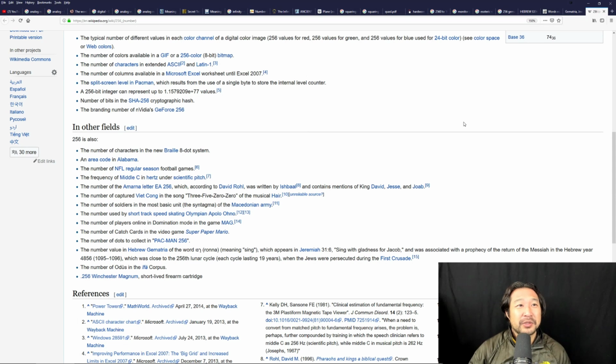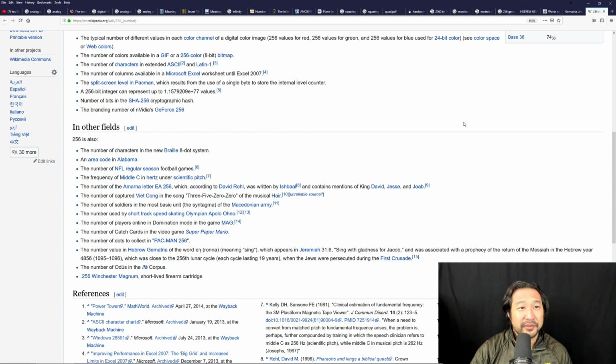Okay, the split screen level in Pac-Man results from the use of a single byte to store the internal level counter. Did not know that. A 256-bit integer can represent up to 1.1579209 times 10 to the 77 values. Number of bits in the SHA-256 cryptographic hash. Oh yeah, cryptography, interesting. 256, why?